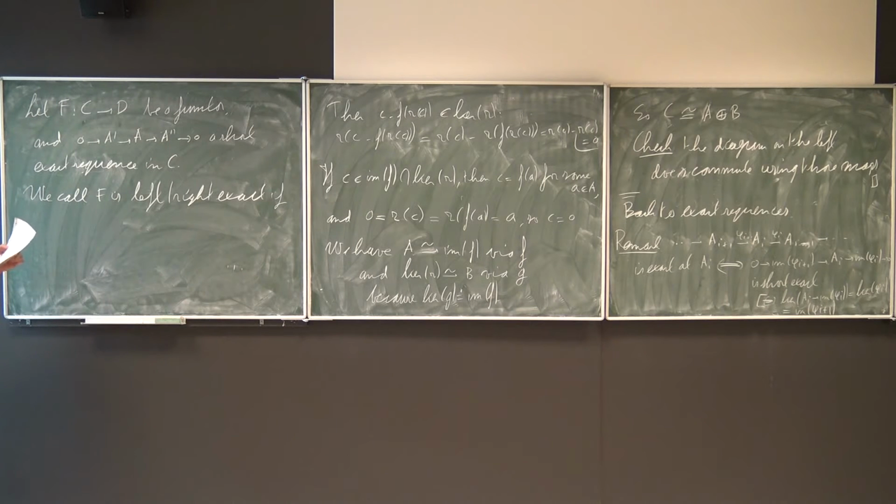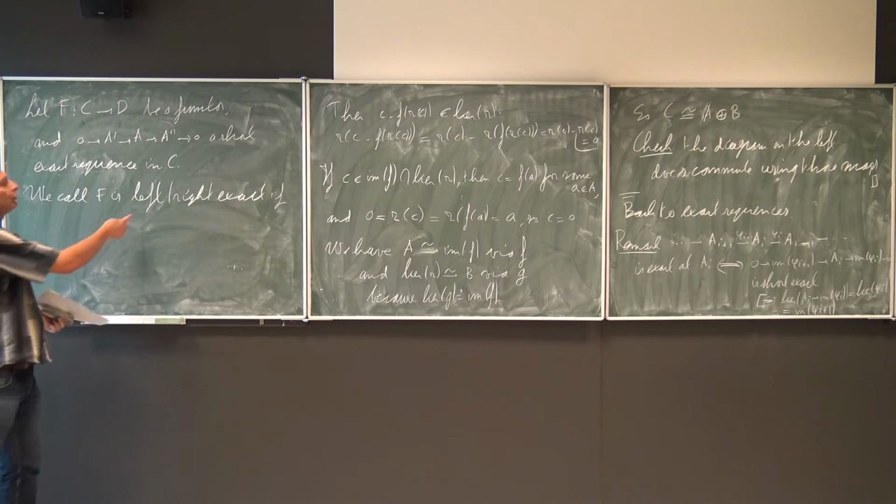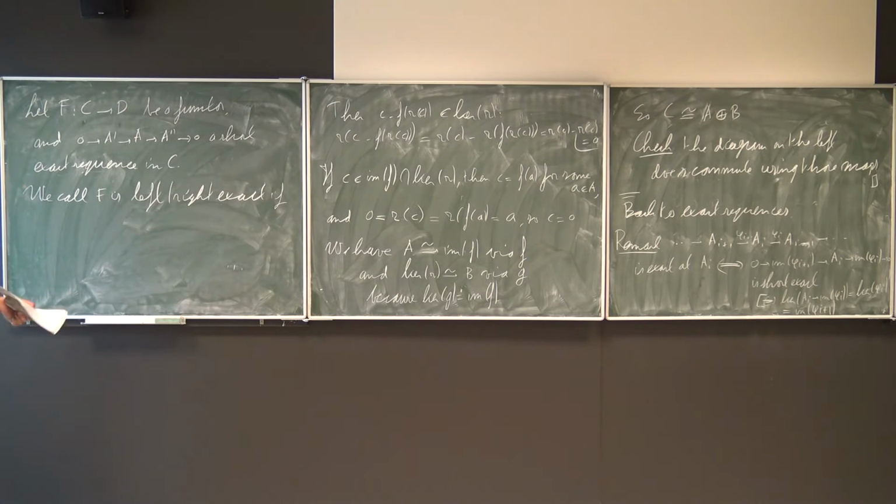So let me just do the four cases. It can be either left or right exact, or nothing, of course, and F can be covariant, can be contravariant or not. So let me make a table.